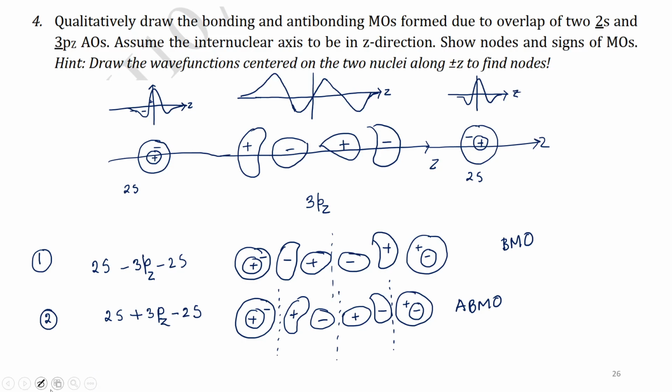I will draw the signs in a different color: minus, plus, minus, plus, minus, plus, minus. So when they overlap, you can use that also, right? This is your z-axis, don't forget that.